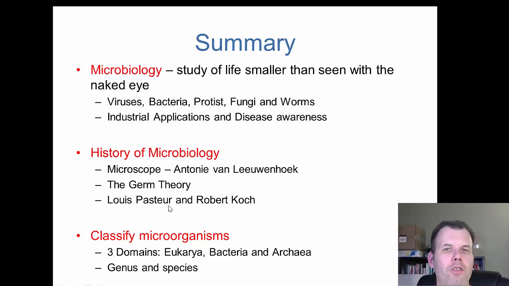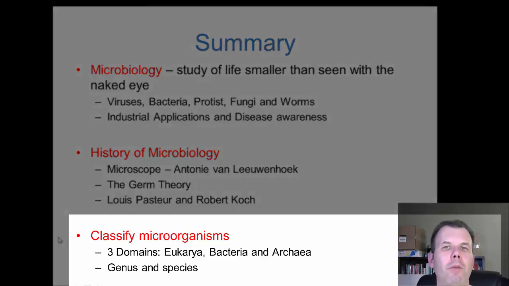Think of pasteurization, Pasteur in this case, and Robert Koch. He has the Koch's postulates. He's the one that does step-by-step thinking about the different diseases and how you identify a disease based on taking a sample from a patient, infecting another organism, and then isolating it out, getting the same organism again. And that's the Koch's postulates.